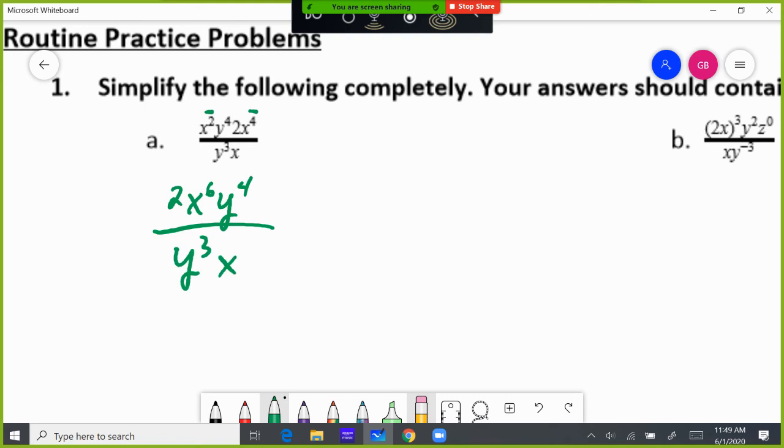And then when you have a fraction, when you're dividing, you go ahead and subtract the exponents. This x technically has an exponent of 1. So 6 minus 1 leaves you with x to the 5th. And then 4 minus 3 is 1, so y to the first power. We usually never write the 1. You can if you want, but usually don't. So that's your answer there.